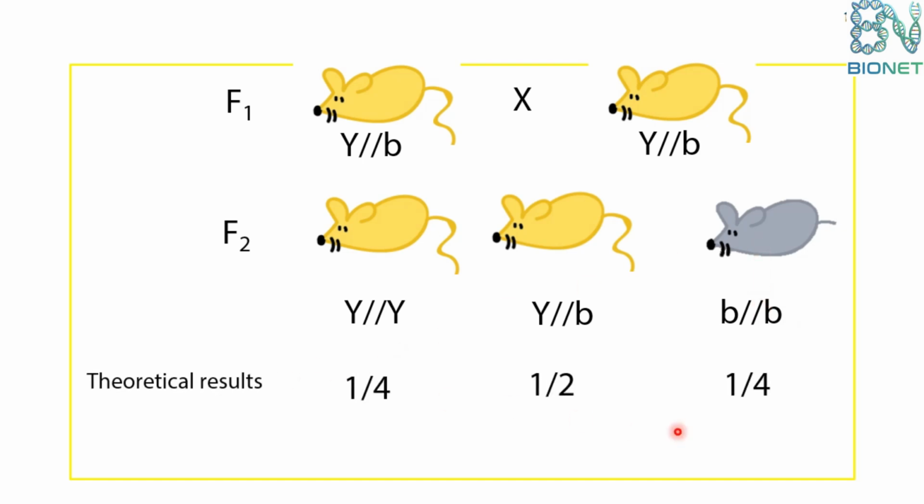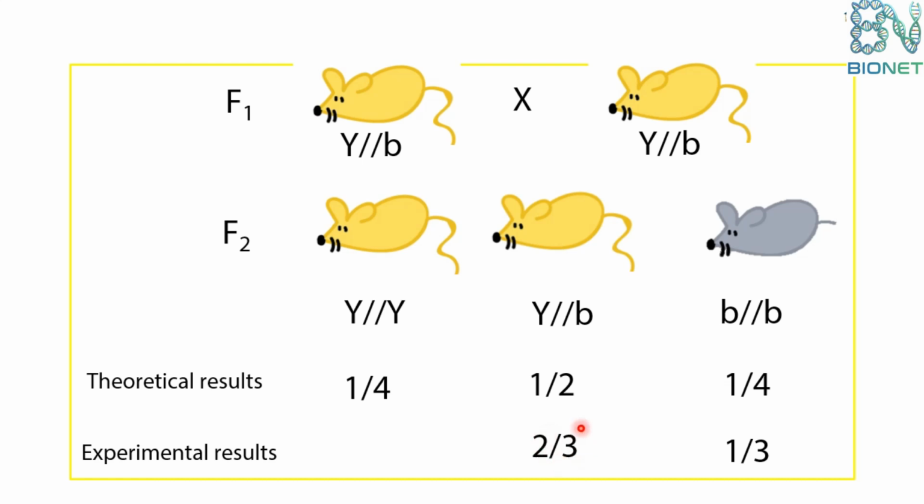So this is the theoretical result: 1 out of 4 yellow, 2 out of 4 yellow but heterozygous, and 1 out of 4 black. So theoretically, we should obtain 3 out of 4 mice having the yellow color, which is the dominant phenotype, and 1 out of 4 mice having the black color, which is the recessive phenotype.